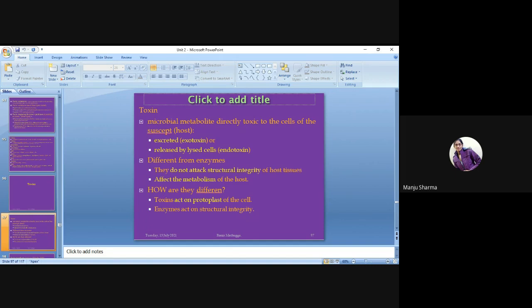Toxins act on the protoplast of the cell, and enzymes act on structural integrity. Structural integrity means, first, there will be lysis of the plant cell wall, and the cell wall is a structural component. That's why we say enzymes act on structural integrity, and toxins act on the protoplast of the cells.